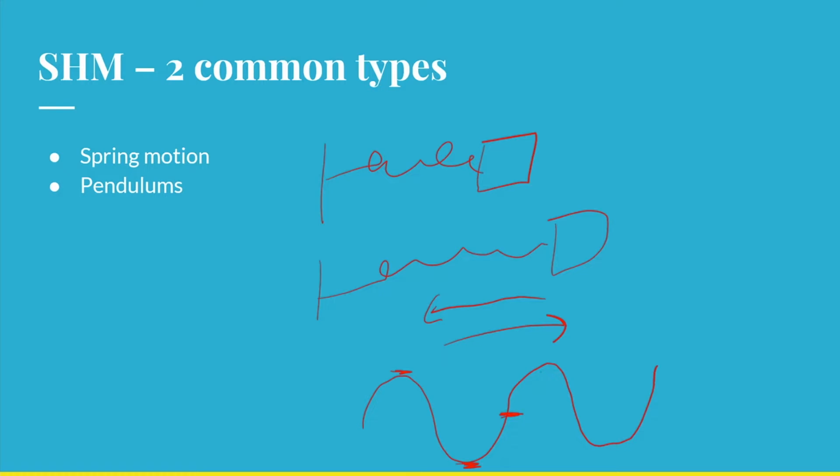Some terminology that you might see: this right here is called the amplitude of the wave. So this is the maximum distance that it achieves away from its equilibrium position. And then a full wave is measured from a peak to a peak right here.